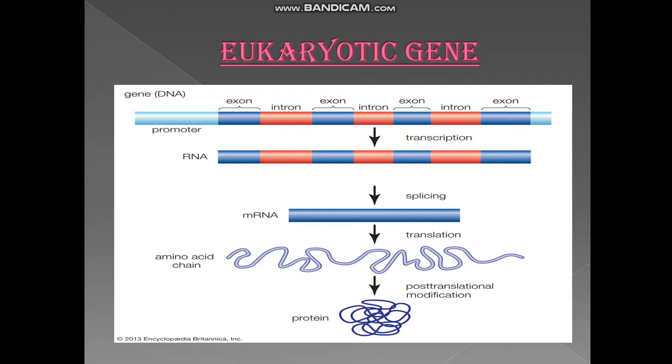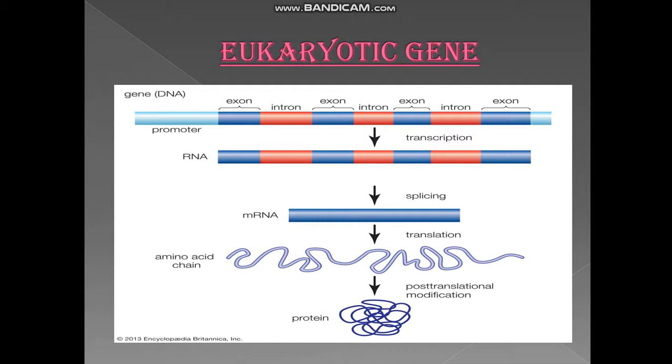Draw this structure and label it very clearly. Wherever there is an exon, you write exon, and wherever there is an intron, you write intron, in alternate manner. I think it's easy. It will not pose any problem to you. Okay, so understood.